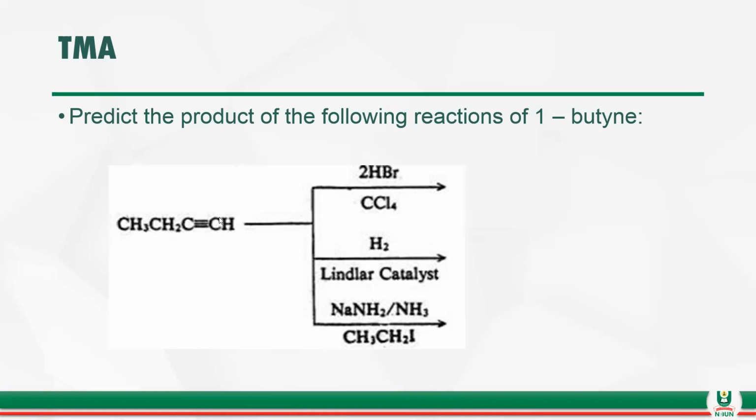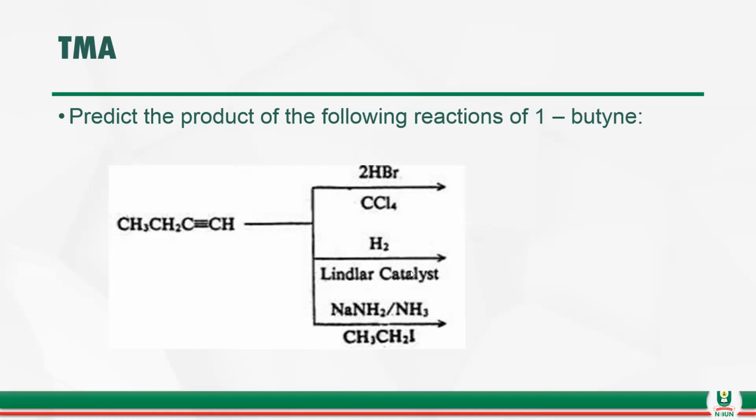Markovnikov's rule will not come into play because you are adding hydrogen only. It's not a hydrogen halide. You are not going to get an alkane, but rather you are going to put in one hydrogen, one put in, because of this Lindlar catalyst.